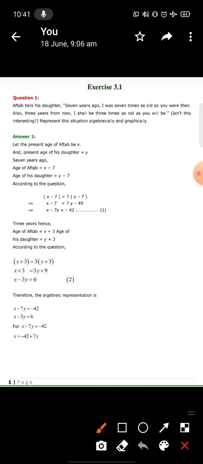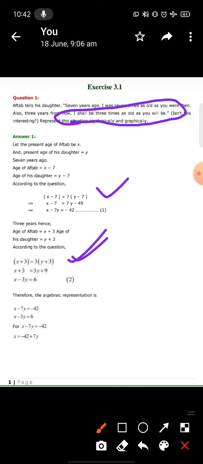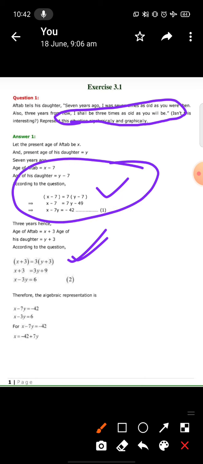Now the second condition will be x plus 3 equal to 3 times y plus 3, because "I shall be 3 times as old as you will be then." Now this is the given condition, so we write x plus 3 equal to 3 times y plus 3. The first condition is this and the second one is this. The first condition is in the form of before age, and this one is in the form of after age.